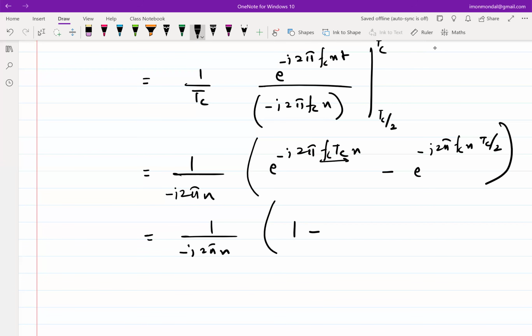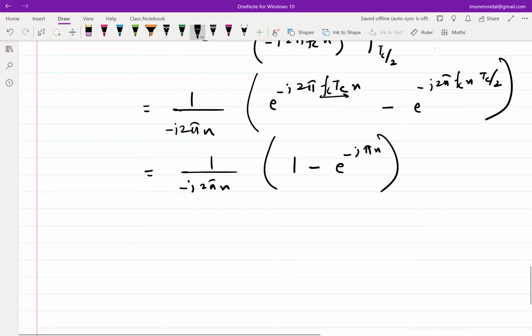So 1 minus e to the power, again fc and tc by 2 gives 2 pi, 2 pi over 2 is pi, so this becomes minus j pi n. Okay. So if I take e to the power minus j pi n by 2 out, this very nicely fits into this format.